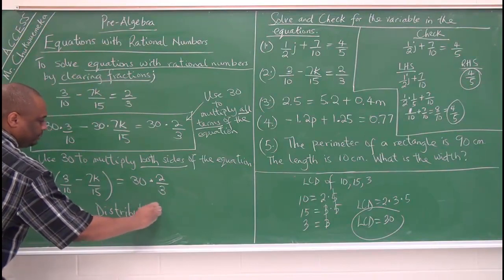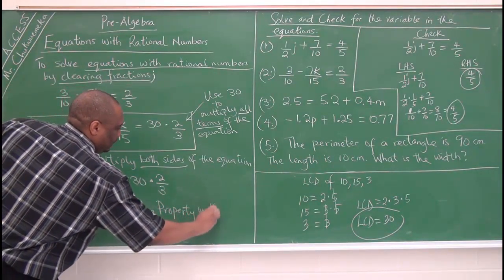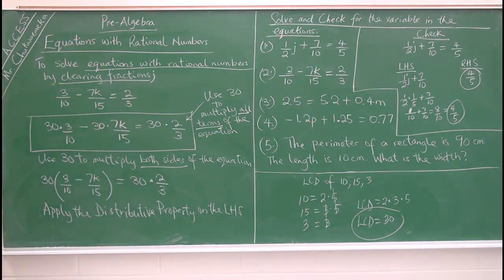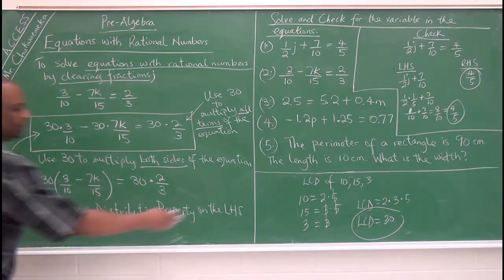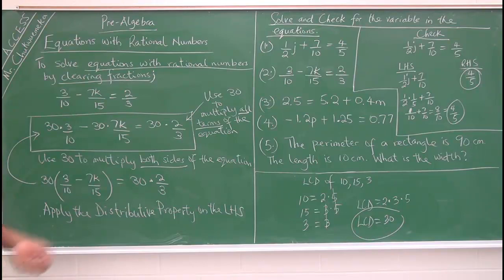Distributive property on the left hand side. When we apply the distributive property on the left hand side, we now have this: 30 times 3 over 10 minus 30 times 7 over 15 times k equal to 30 times 2 over 3.